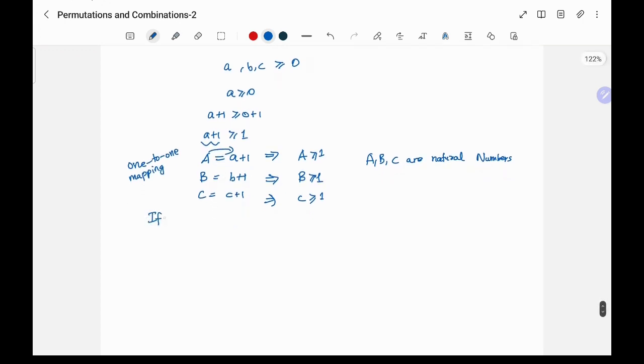So if I find capital A, B, C, they map to exactly one small a, b, c combination, correct? So it is sufficient for me to see how many capital ABC combinations are possible. Then I can say it will be the same as the small ones.